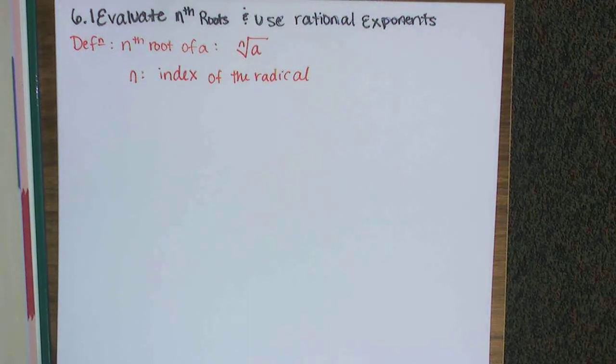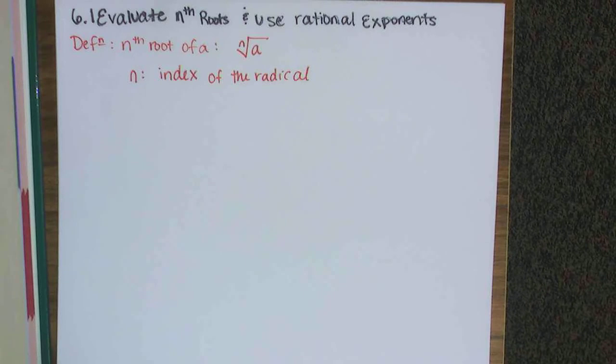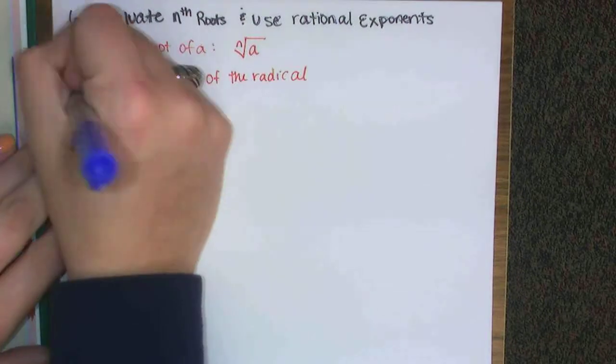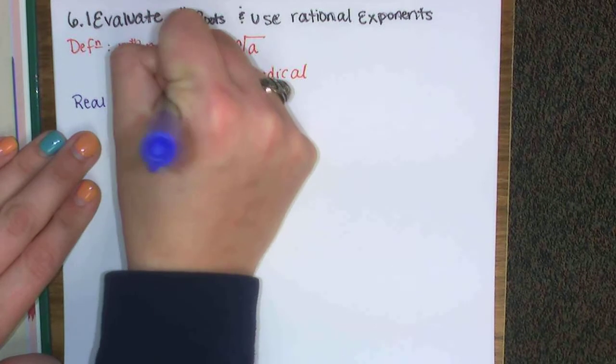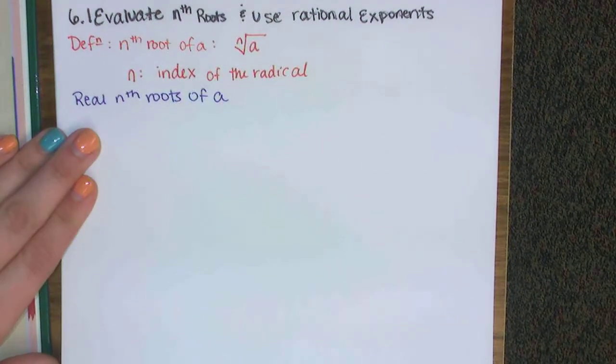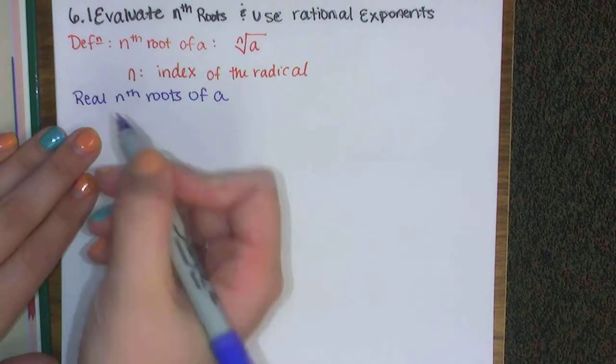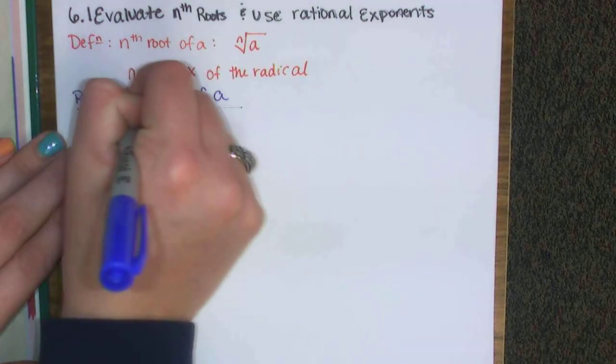Your book gives you some examples of what these powers look like, but we're going to look at the key concepts and exactly what that will look like for us. We'll start with the real nth roots of A. So, I can draw a line.